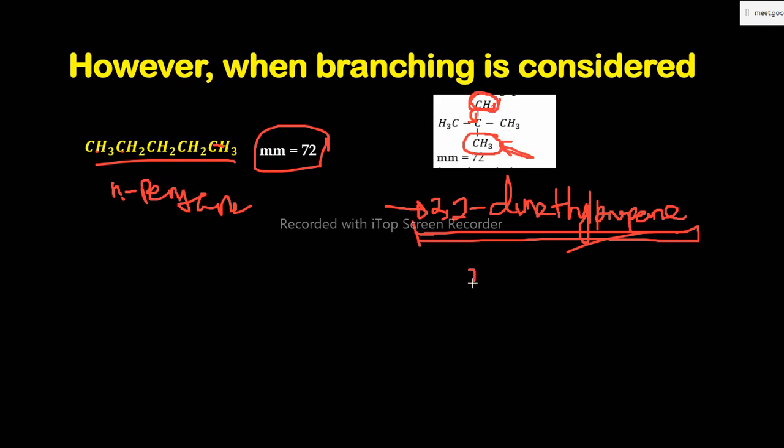So when you just say 2, it means it's 1. But because they are 2, then it's 2 and then another 2, and then you say dimethyl. Why is the di coming from? Because they are 2. Di means 2. This one and this one.